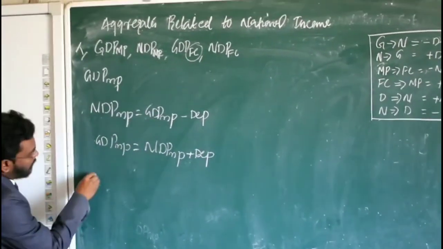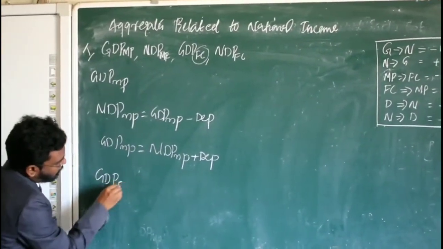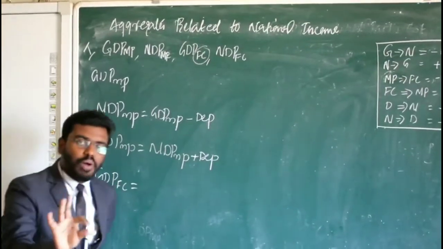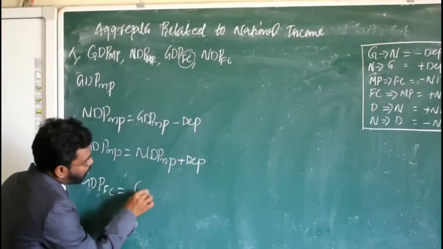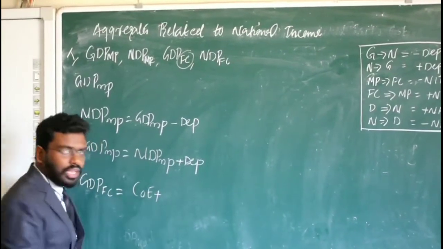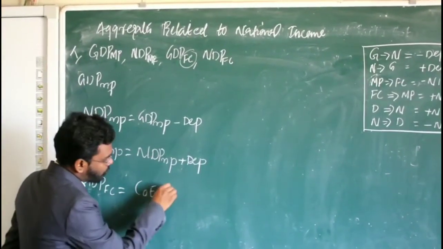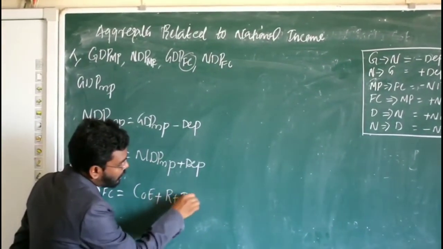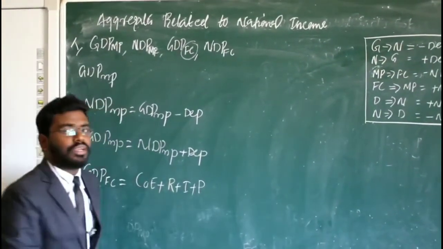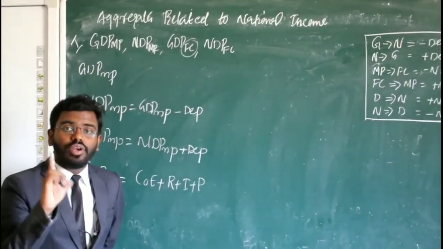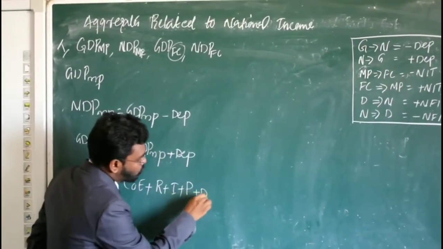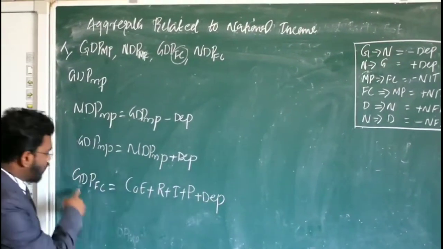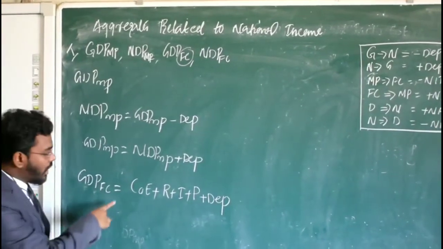So GDP FC is equal to the sum total of factor income. What are the factor incomes? Compensation of employees plus rent plus interest plus profit. Then, including depreciation, so we need to add depreciation also. Then only we will get this GDP FC.